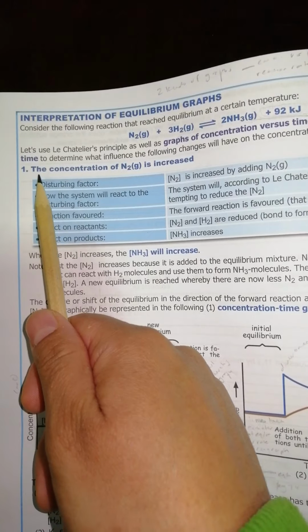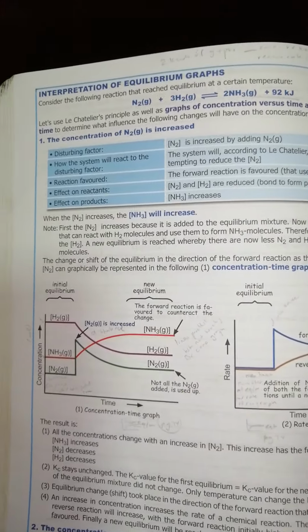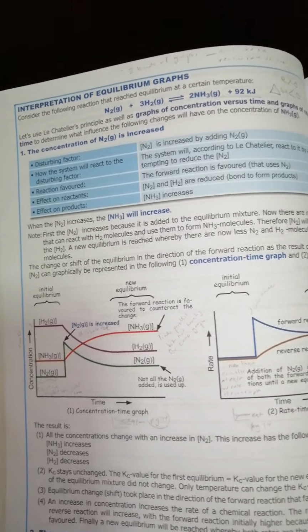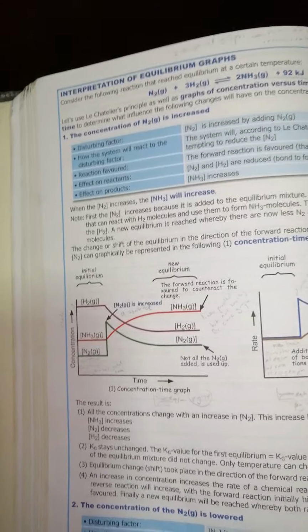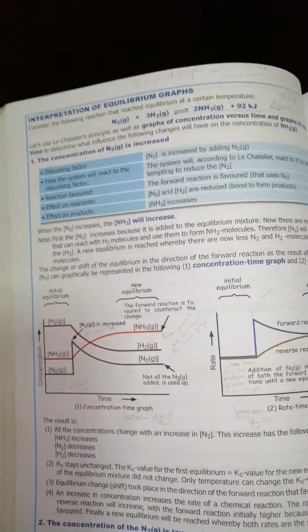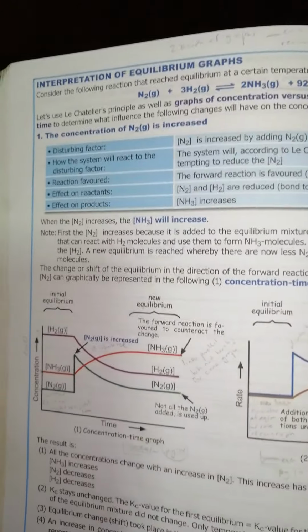Right, so the first thing is the concentration of nitrogen gas is increased. So that's the first disturbance we're going to deal with. Now I'm not going to explain everything in much detail because you just need to know basics about these graphs. So the first disturbance they did is they increased nitrogen concentration.